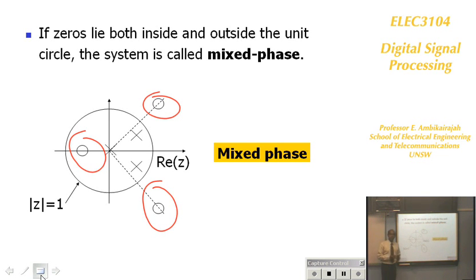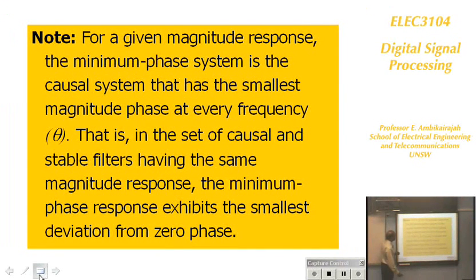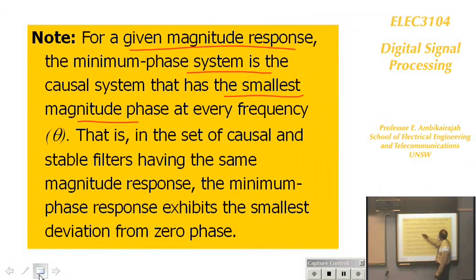So I have an example to demonstrate these phase differences. Have a look. For a given magnitude response, the minimum phase system has the smallest phase magnitude at every frequency.